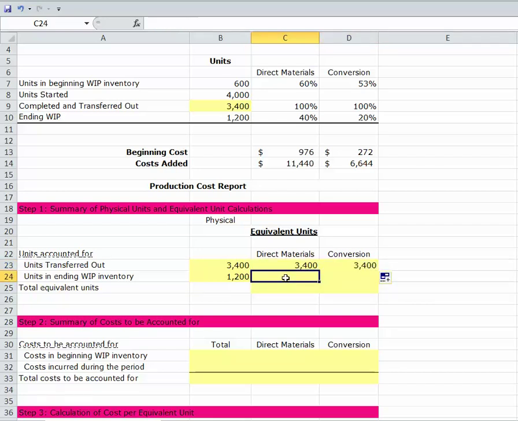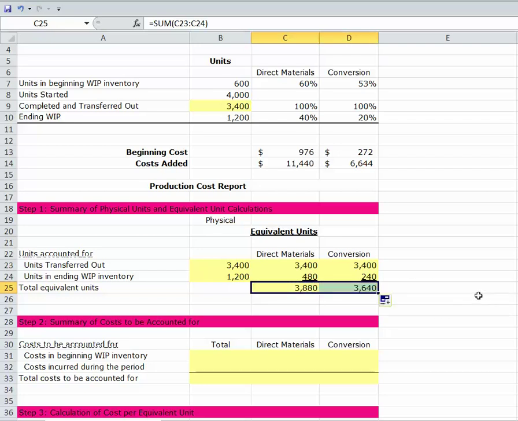For ending work in process, we've got 1,200 units, but they are only 40% complete with respect to direct materials, so 480 equivalent units. And the 1,200 units are 20% complete with respect to conversion costs, so 240. And then we can sum these up to get our total equivalent units for direct materials and conversion costs.